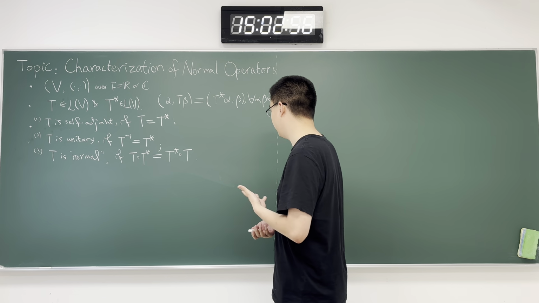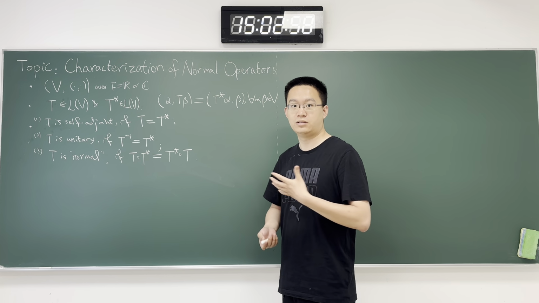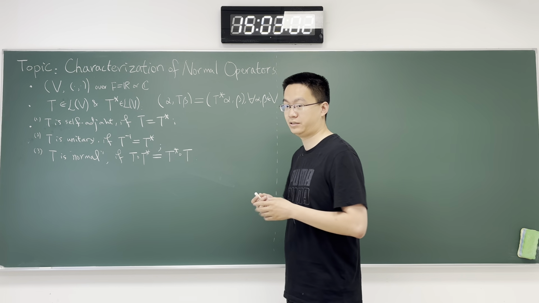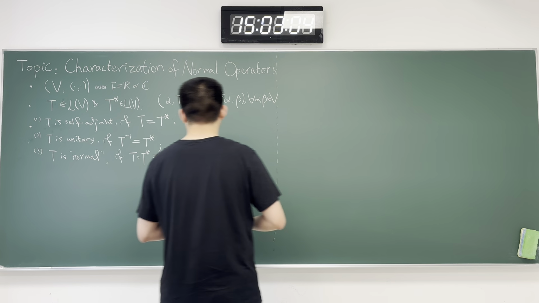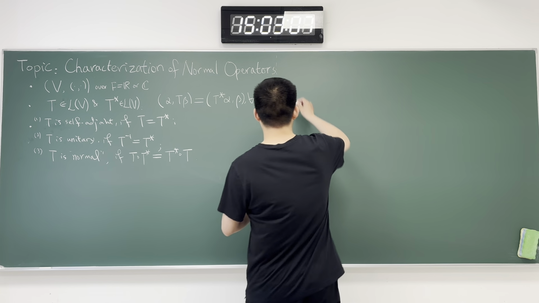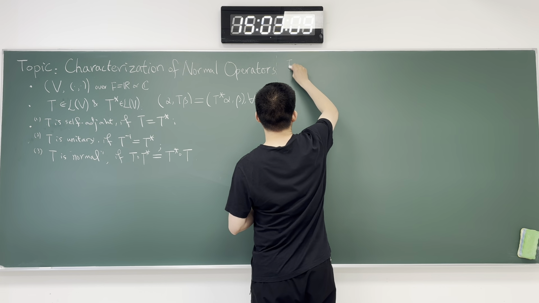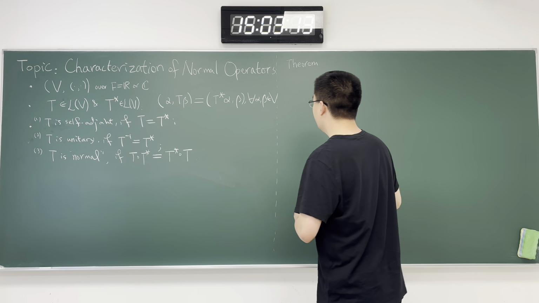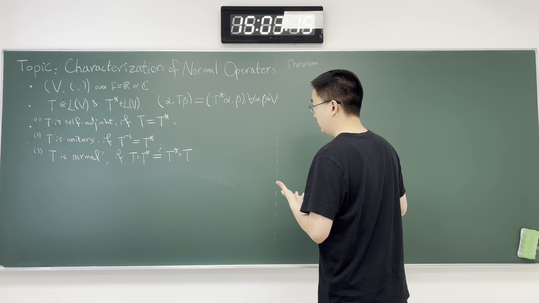But for the sake of convenience, we will first focus on the complex inner product space case. So let me state a criterion for a linear transformation to be a normal one on a complex inner product space.